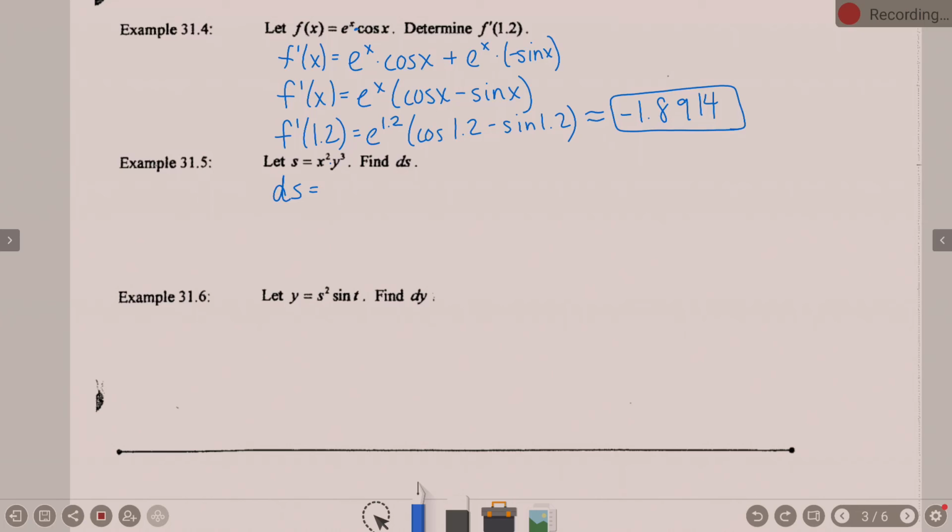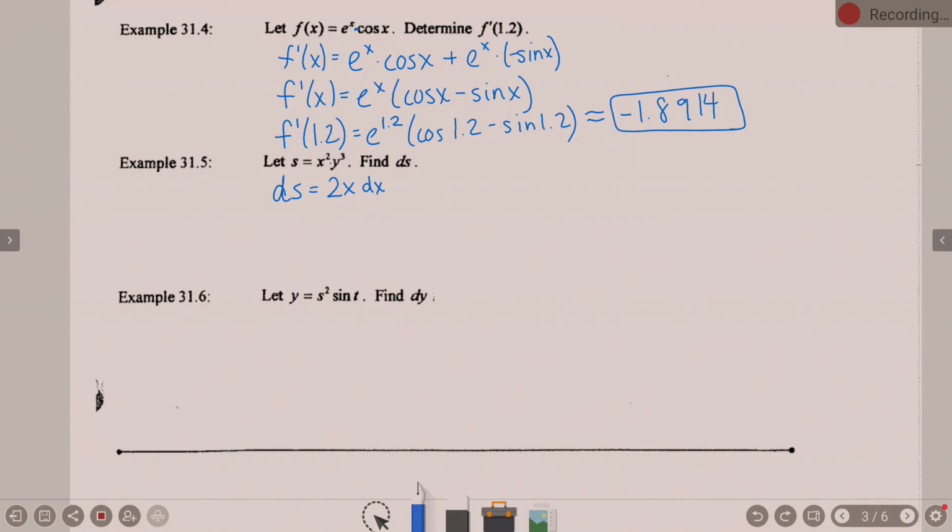This is x squared y cubed, so we're going to use the product rule. What are you taking the derivative of first? Okay, so what is the derivative of x squared? 2x. Because it's the x term we're taking a derivative of, we're going to say times dx.